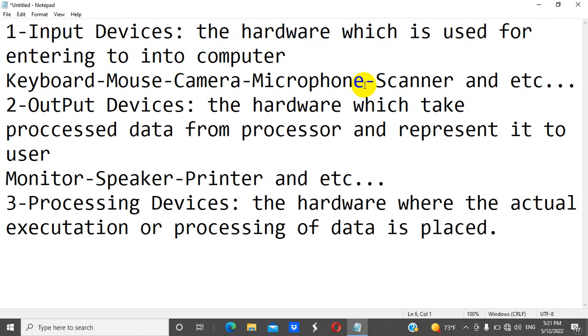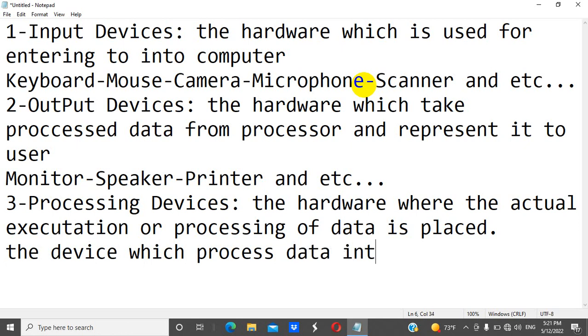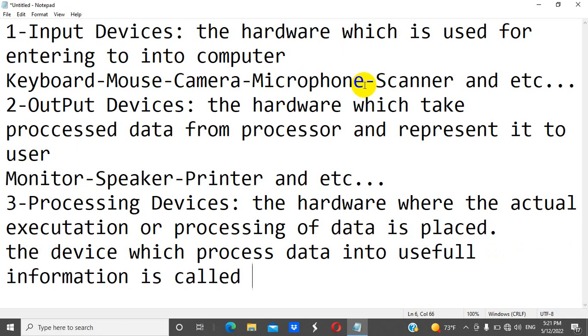Processing devices, we can say the hardware where the actual execution or processing of data takes place, is called the processing device. Another way to say it: the device which processes data into useful information is called a processor.